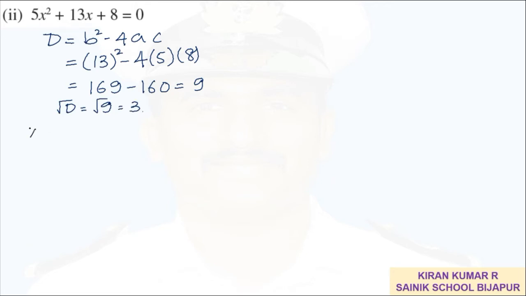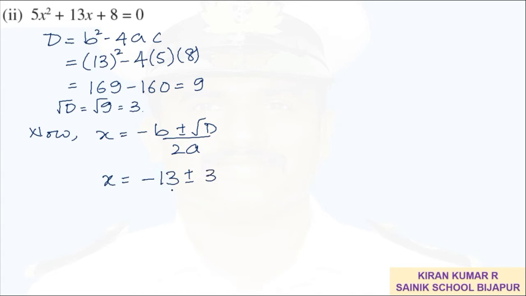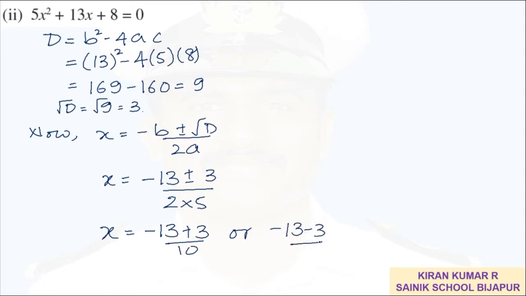Now use the formula. X is equal to minus b plus or minus root d by 2a. Substitute. X becomes minus 13 plus or minus root d is 3 divided by 2 times 5. We'll be getting x value as negative 13 plus 3 by 10 or negative 13 minus 3 by 10.